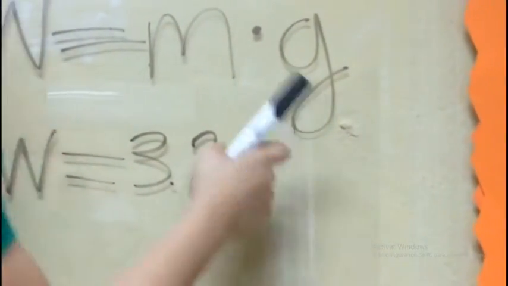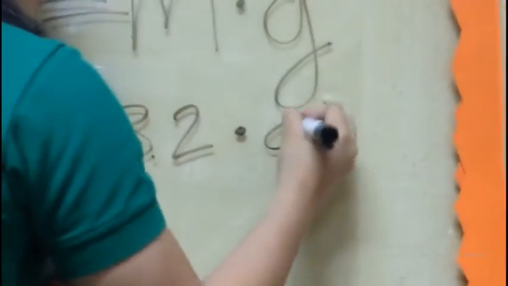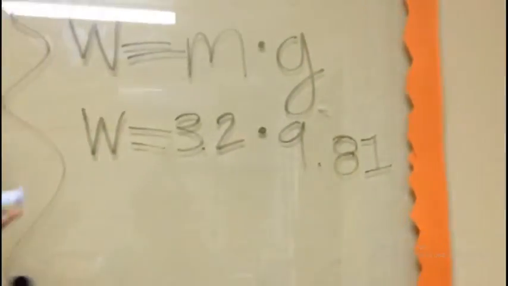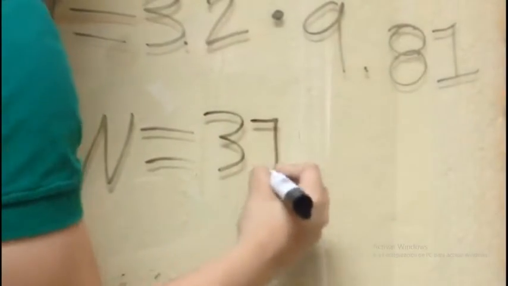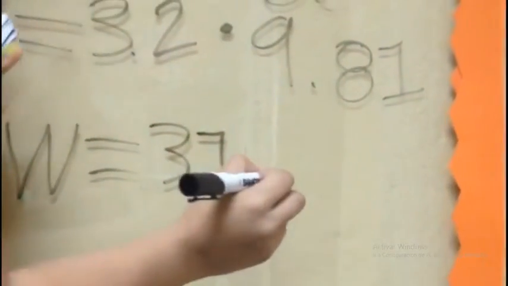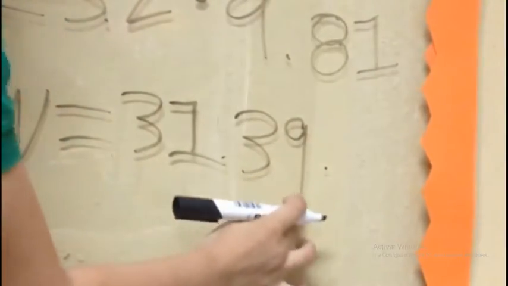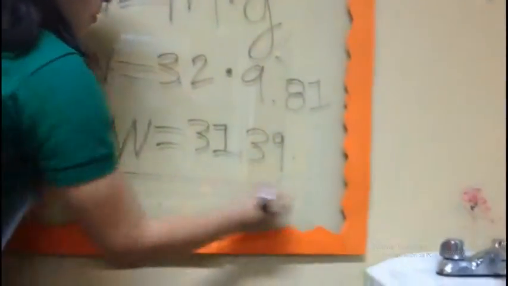We already know that gravity will always be 9.81. So we put 9.81. The answer to that we put in a calculator. So it's 31. Well, we will have right now mass and weight, and we finish.